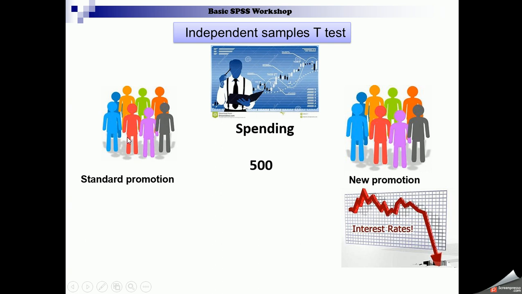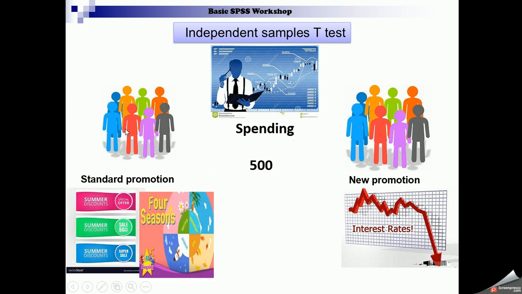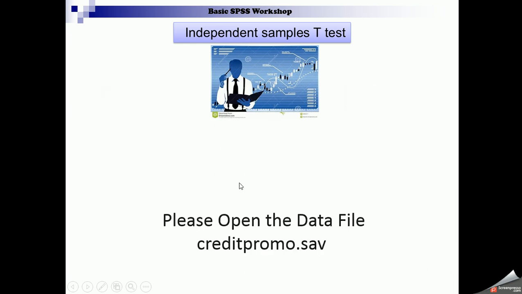And this is the first group, who have the standard promotion that they get every year or every season. So we have a total of 500 customers, 250 and 250. These are the new promotions.